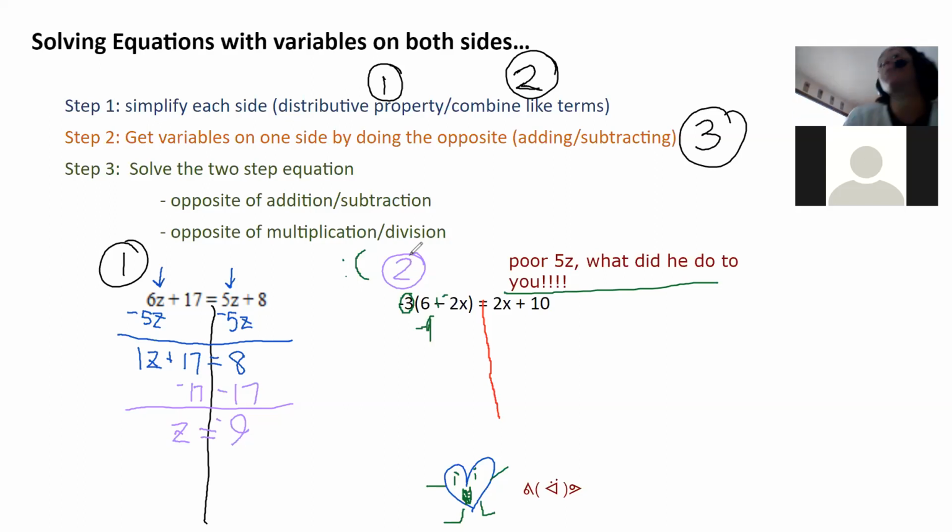And remember, we distribute with multiplying. You want to distribute by multiplying. So what is -3 times 6? That's what you want to ask yourself.